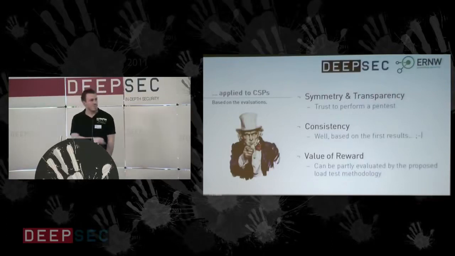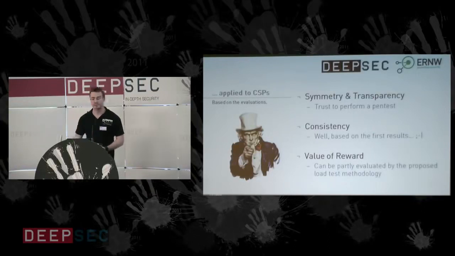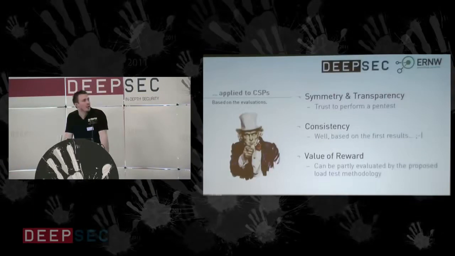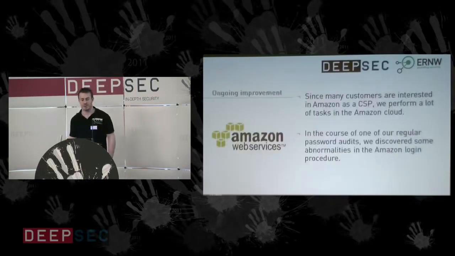And a last part is the value of reward. What do we get out of trusting the cloud service provider? And this can be partly evaluated following the introduced load testing approach that I proposed. So these are basically trust factors, and I tended to put high trust in Amazon at the beginning of 2011 because they had no relevant security incidents by that time.